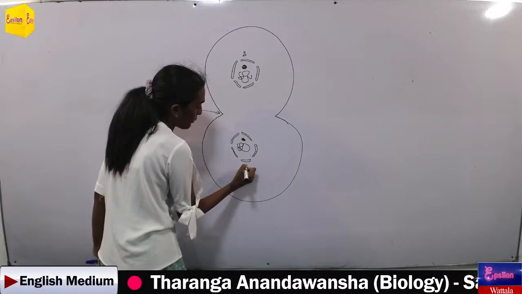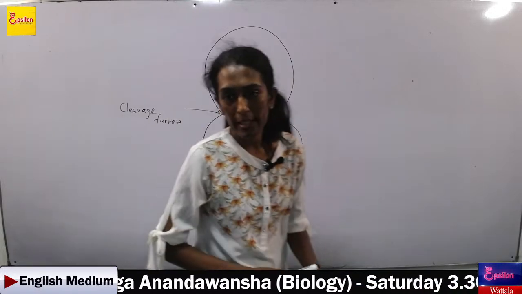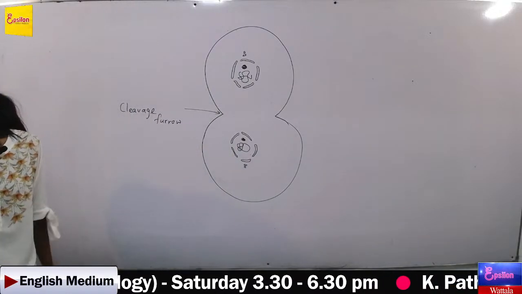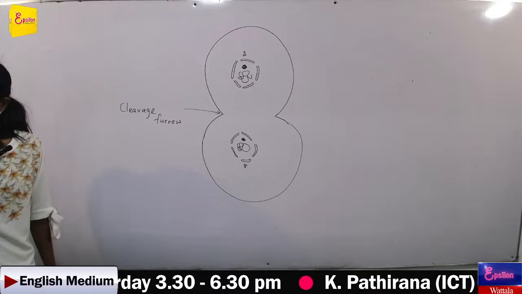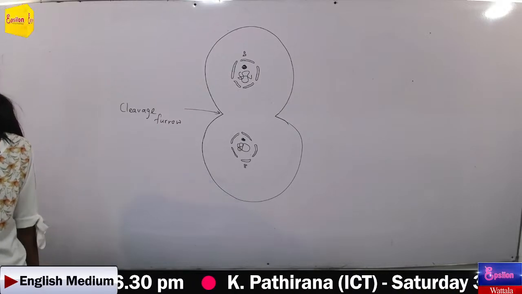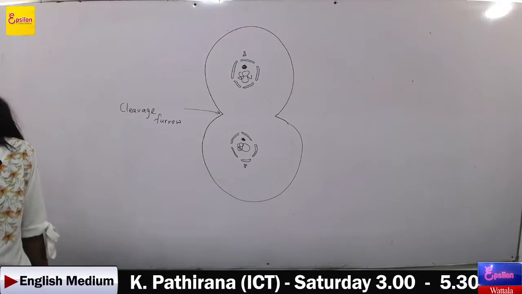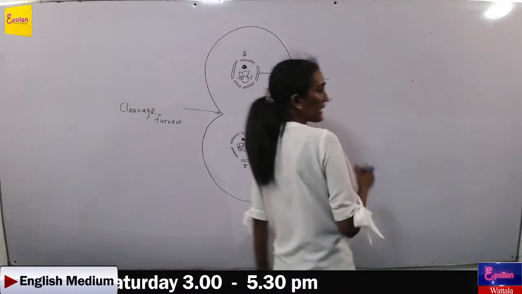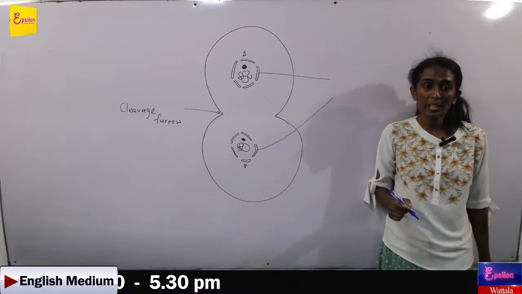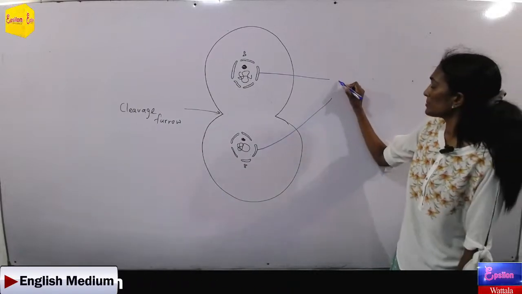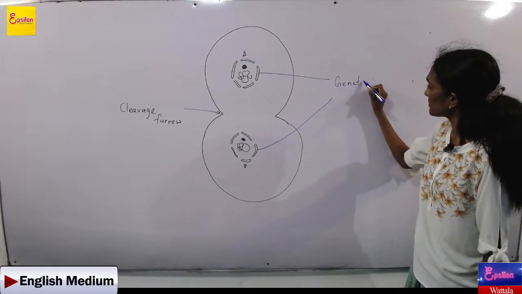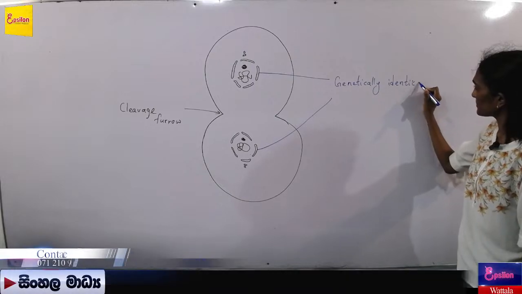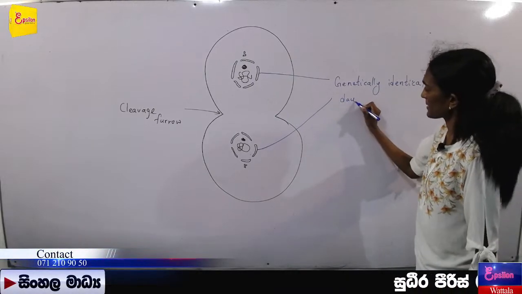So what's the name for the newly formed nuclei here? We call them daughter nuclei. Why is that? Daughter. Mother was there, the beginning cell, the initial cell. Now here there are daughter nuclei. They are genetically identical to each other and to the mother cell. Alright, start drawing.